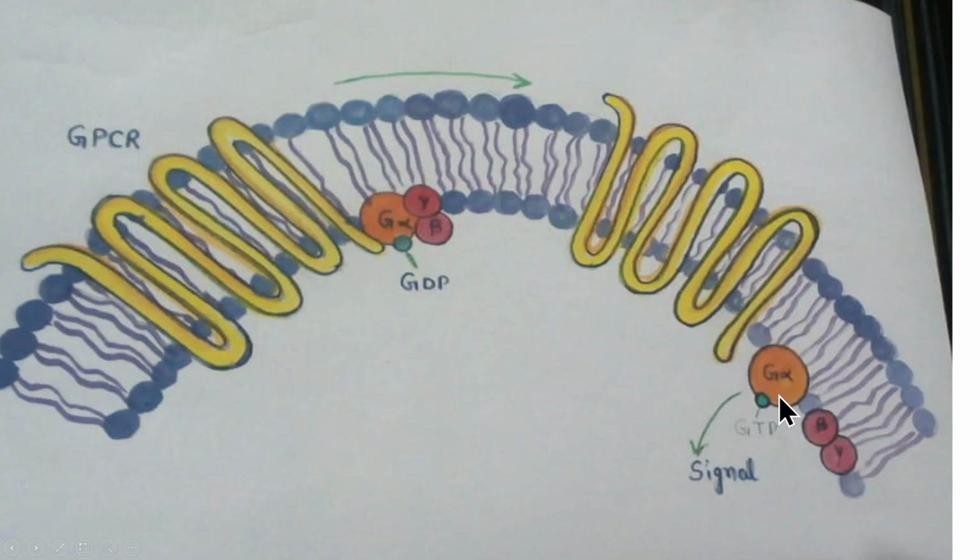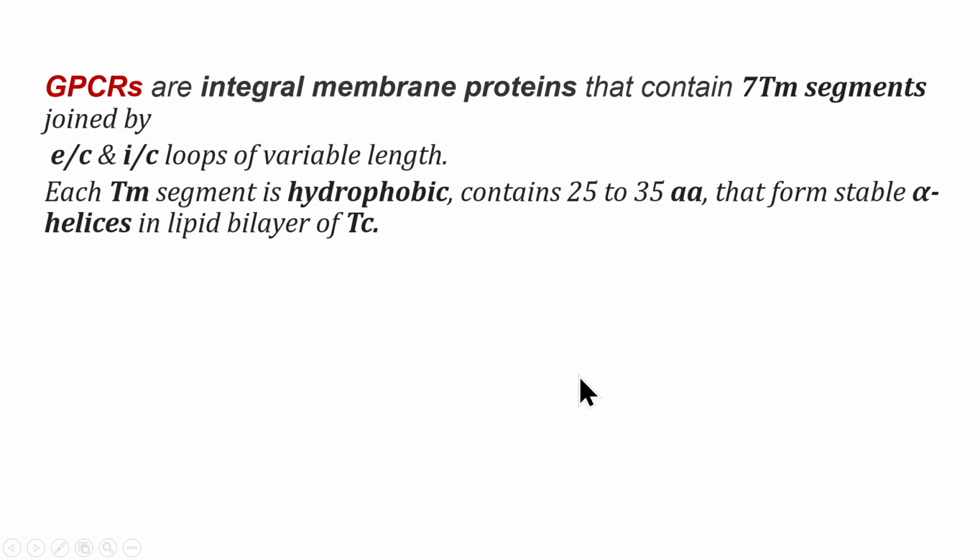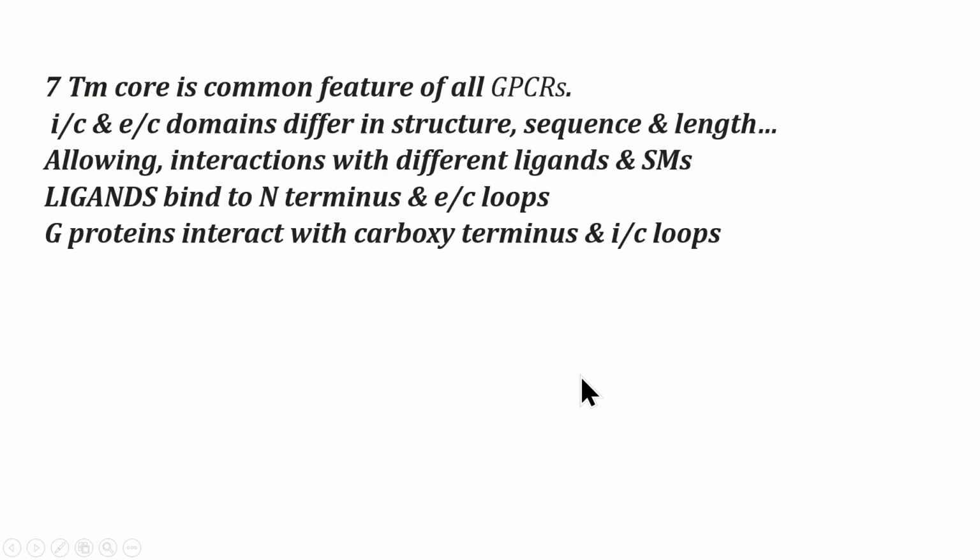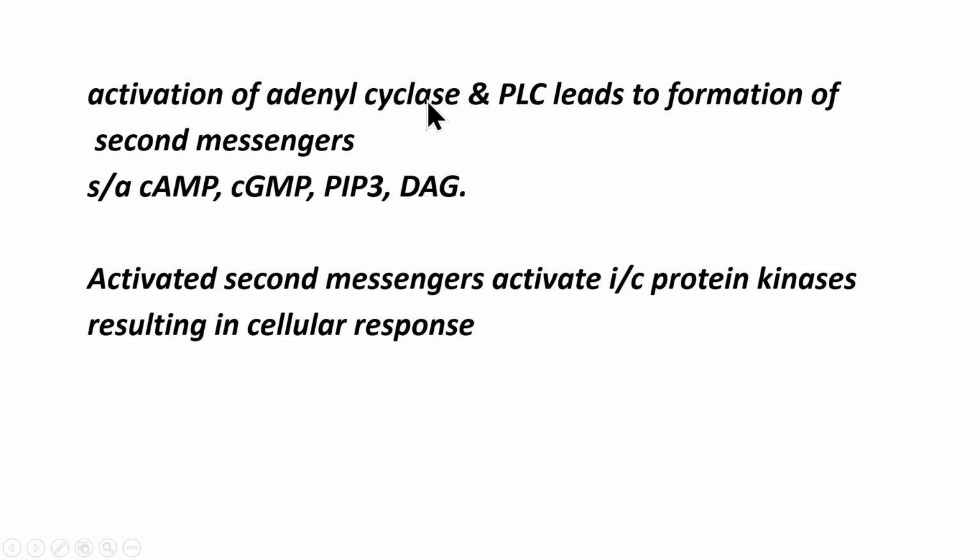Then both the beta gamma dimer as well as the G alpha subunit independently act as signal transducers, and the G alpha subunit will cause the activation of intracellular effectors, including adenyl cyclase or phospholipase C. Activation of adenyl cyclase and phospholipase C leads to the formation of second messengers.